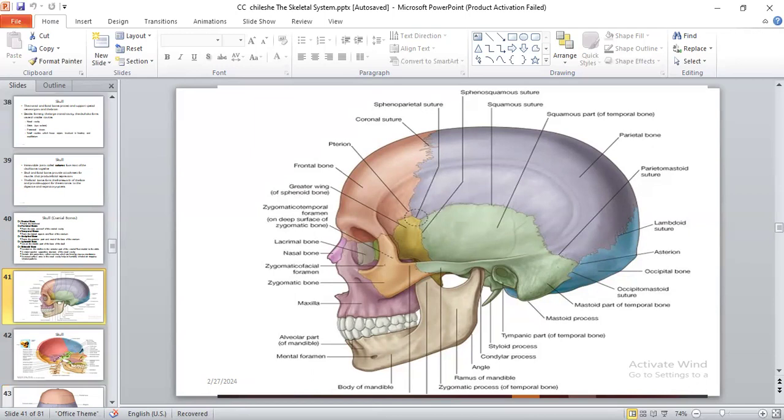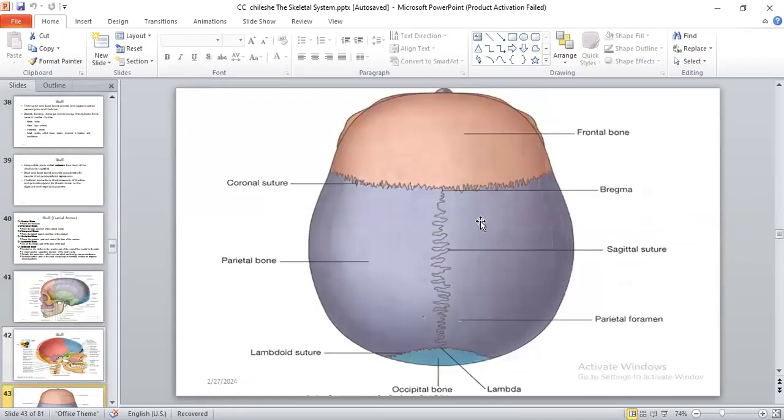When you look at the person's scalp from the top, this is what you are going to see. We have the frontal bone, and then we have these two parietal bones posteriorly, the one on the right and another on the left.